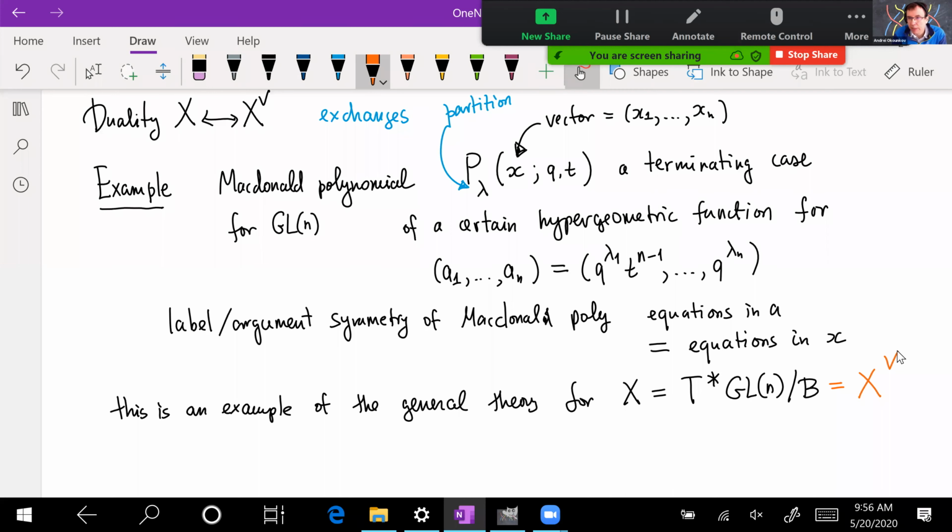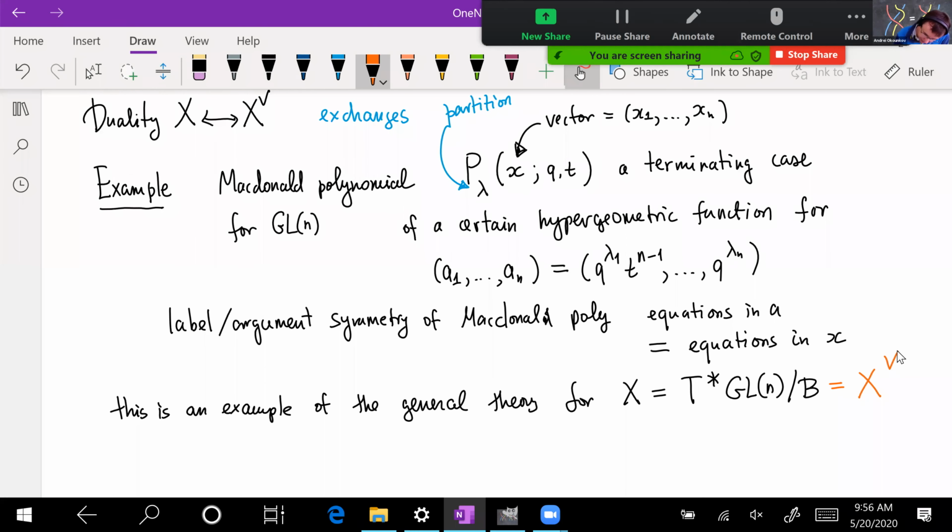It takes a root system, but in fact it takes roots and coroots. If you want to exchange the variables and the labels, then you have to go to the Langlands dual Cherednik algebra. The Cherednik algebra is the same, but in constructing the polynomials you have to choose one side, either roots or coroots, and then this is dual.